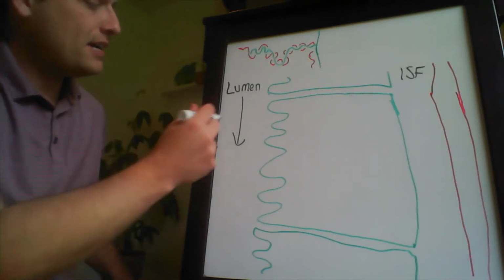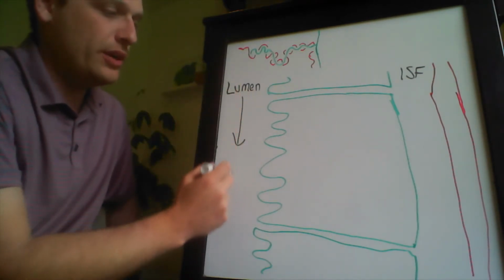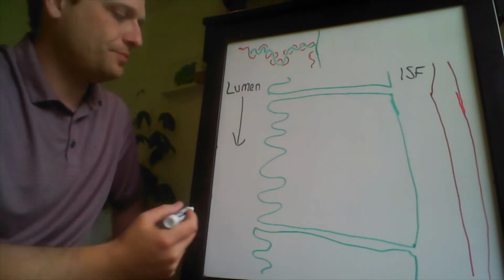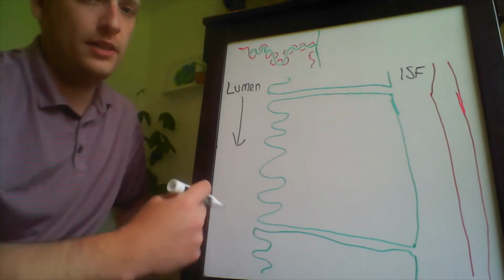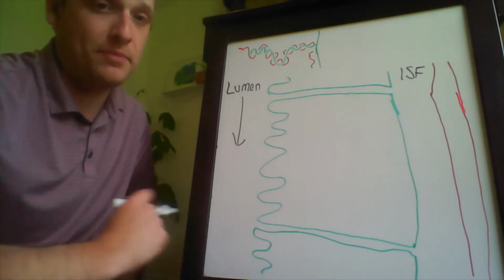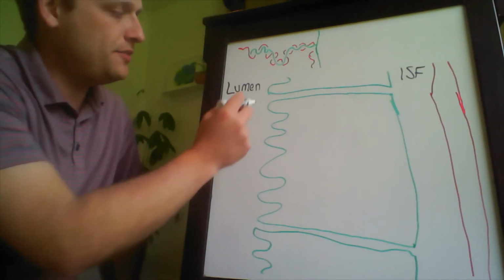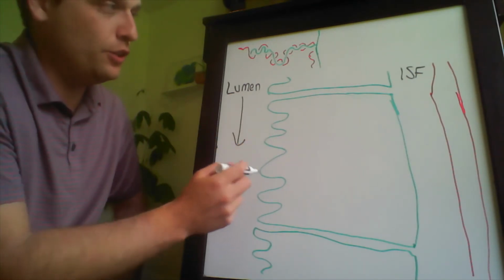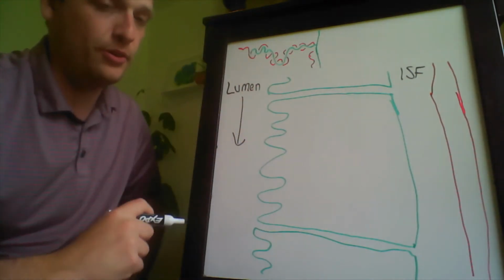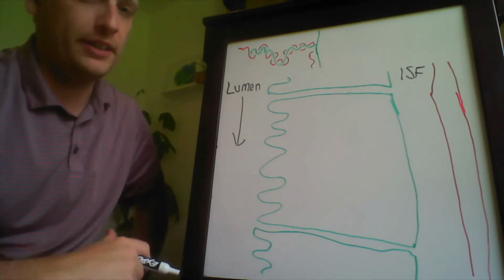So as filtrate is flowing through these tubules, there's going to be material that can pass through the epithelial cells that make up those tubules. And you've seen here this absorbing surface has those microvilli in the lumen of the proximal tubule primarily.